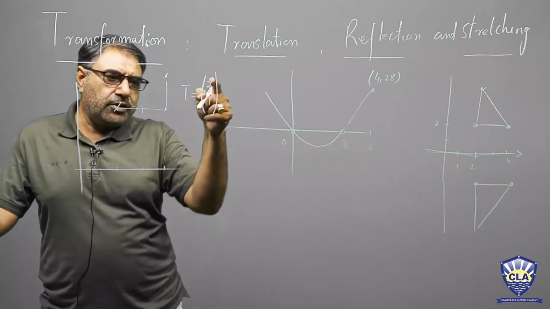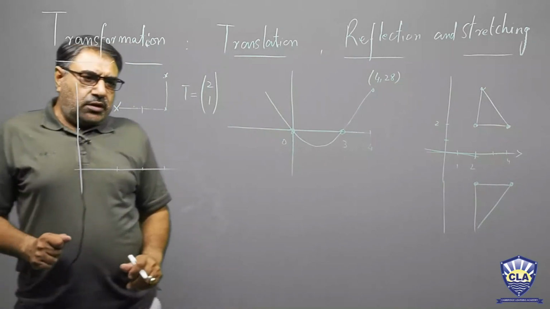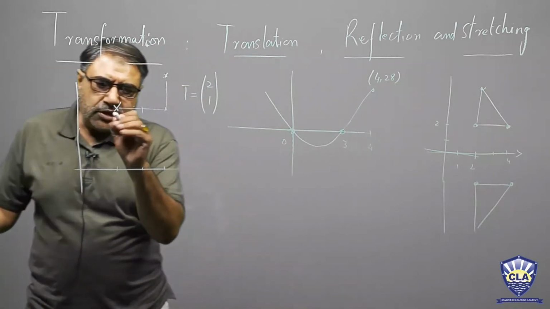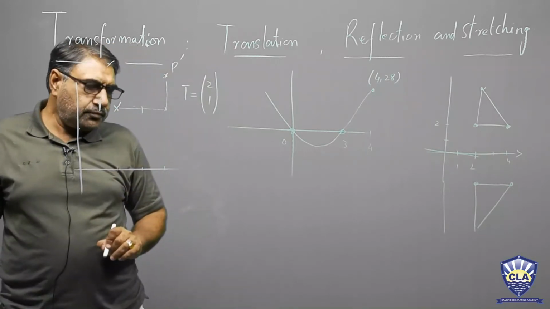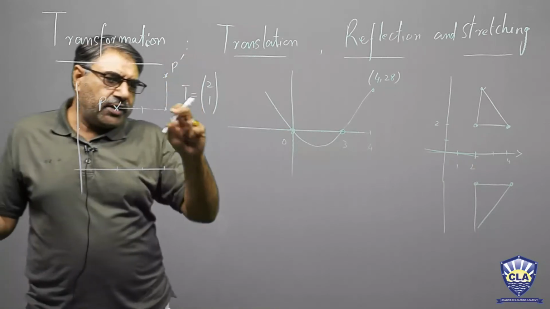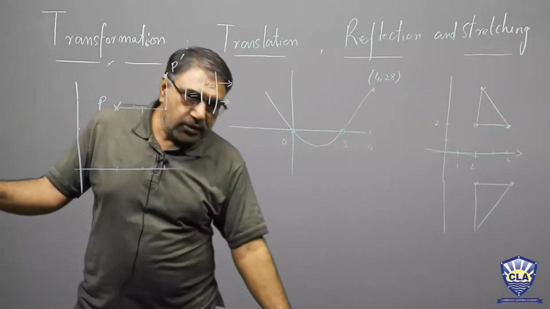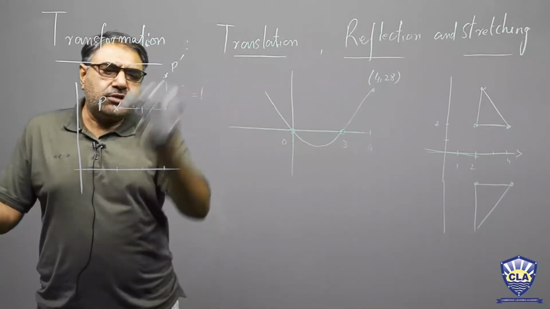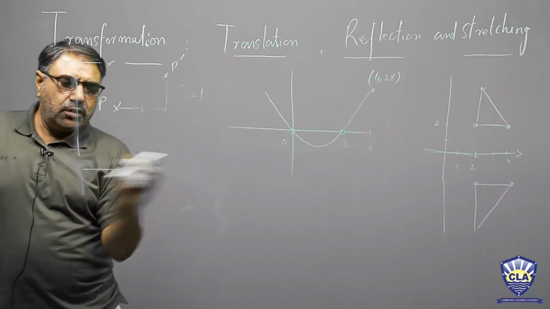So translation will be equal to 2 comma 1. It is the translation. The point P moves to P dash. तो हमने इसको मूव किया x-axis के along and then on y-axis. 2 on x-axis and 1 on y-axis. It is the translation.